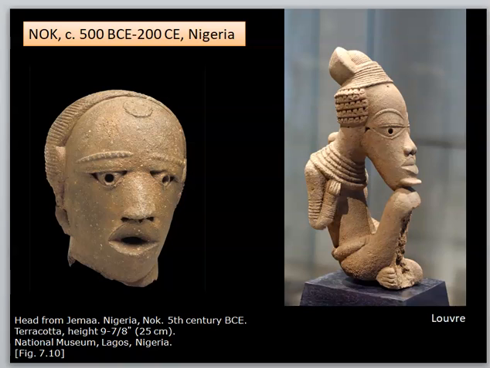The figures, I think, are depictions of elite members of society. If you look at the one on the right, you can see an elaborate hairdo, and that's always an indicator in African carving, and in this case modeling, which would suggest status.